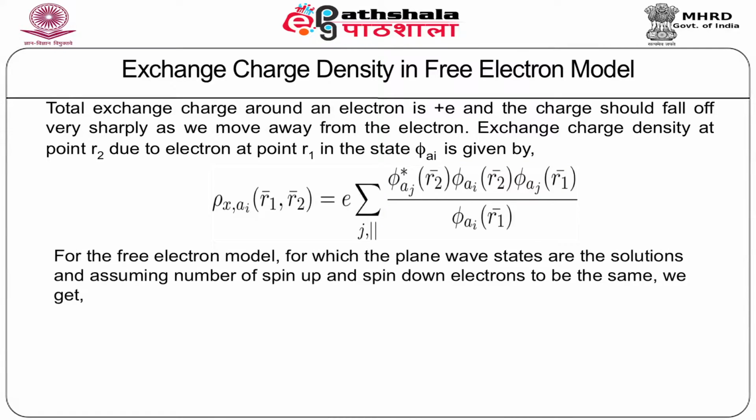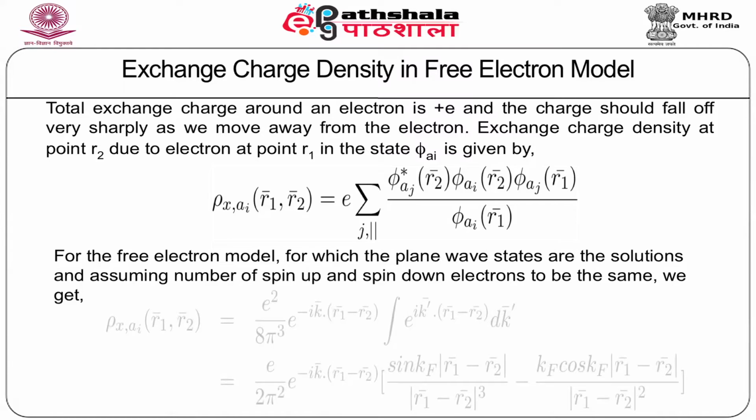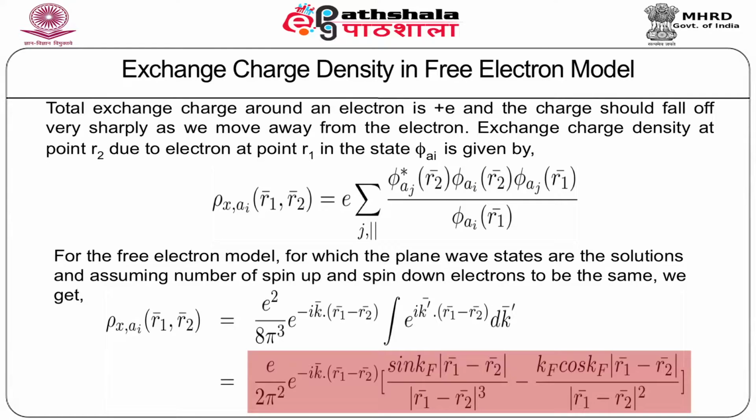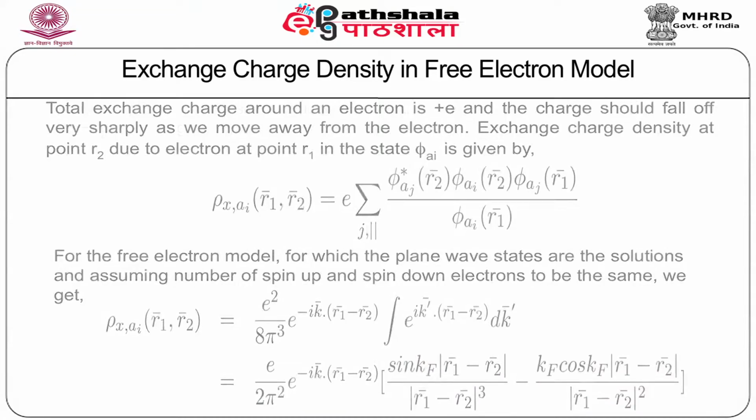For the free electron model, for which the plane wave states are the solutions, and assuming the number of spin up and spin down electrons to be same, we get the following expression because we have to use e to the power ik dot r for all the phi's. And a few lines of mathematics basically gives us this following expression, which is shown here.